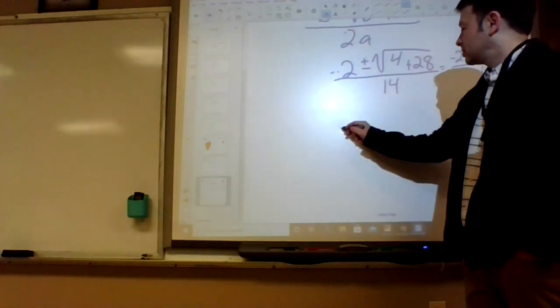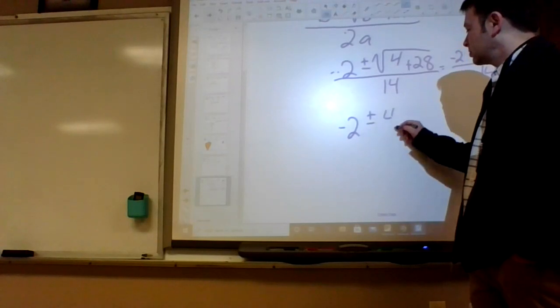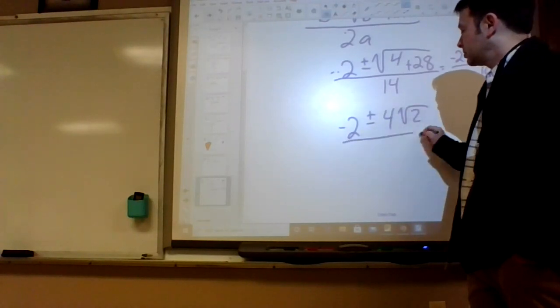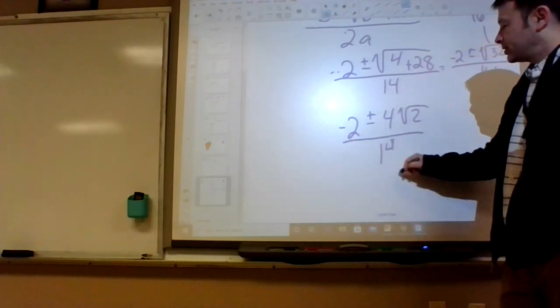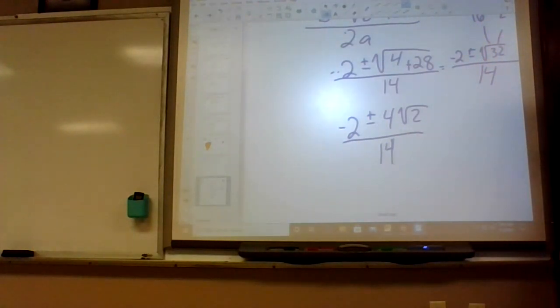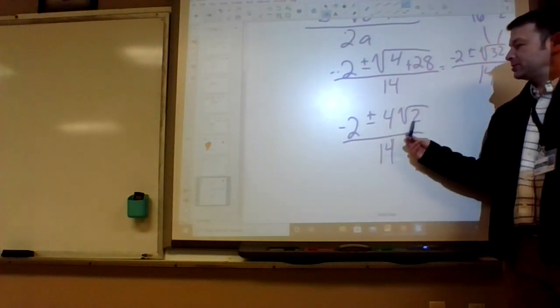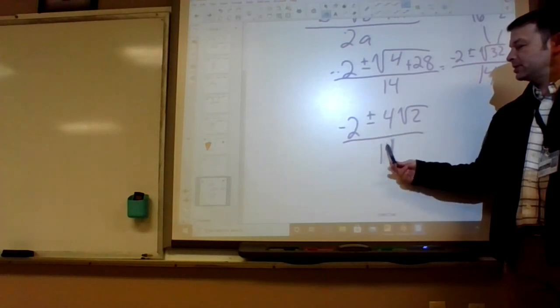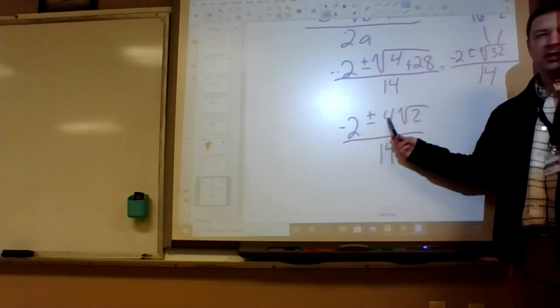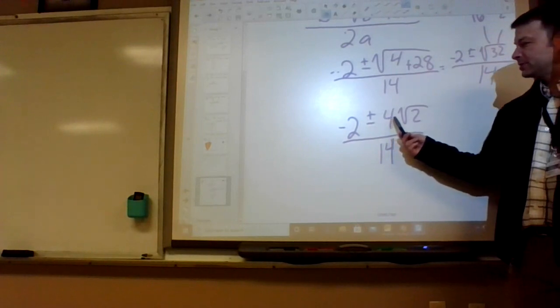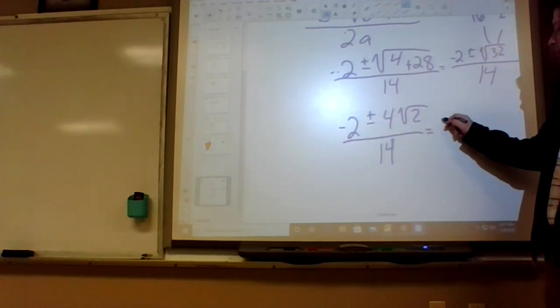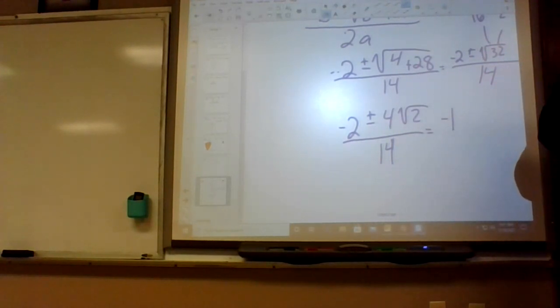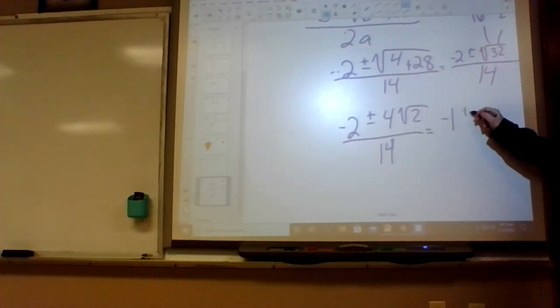So how can we simplify that? Well, usually when it's not imaginary, we don't separate them, but we can still reduce. We divide everything by 2. Usually when it's not imaginary, we just leave it all as one fraction. You can separate it, yes.